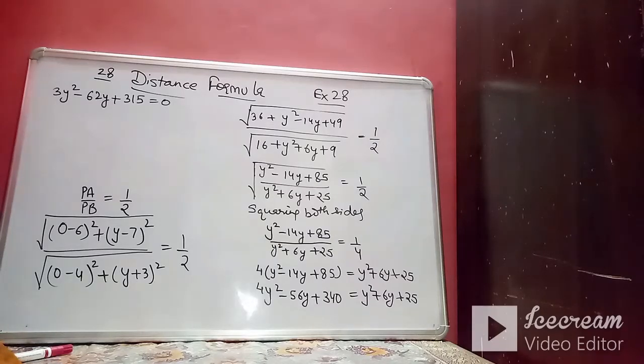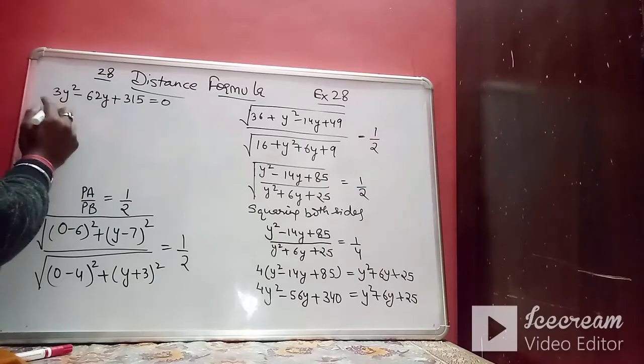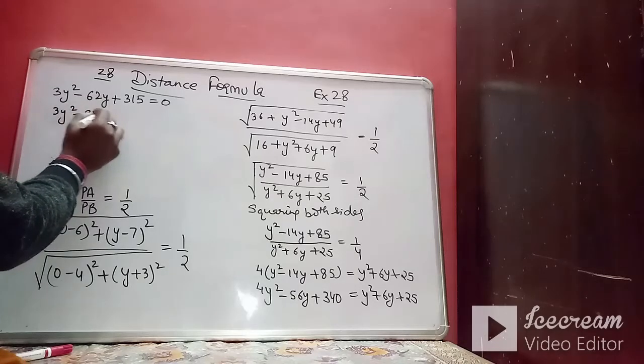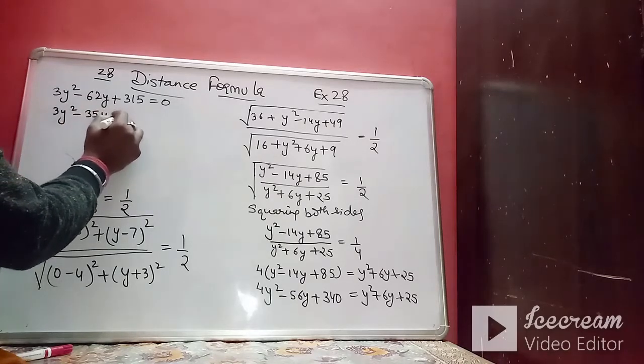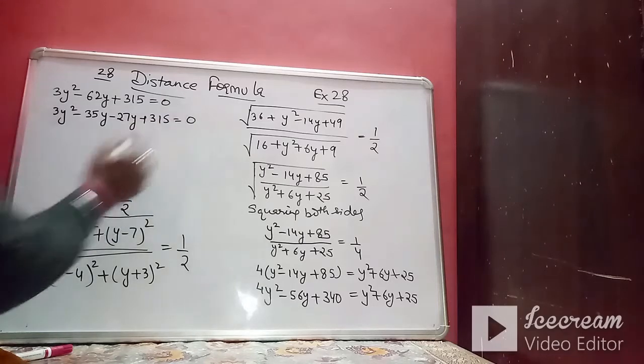So this will be the quadratic equation. Then we will find the factors of this. The product will be 945. So what will be the factors? The equation becomes 3y square minus 35y minus 27y plus 315 is equal to 0.